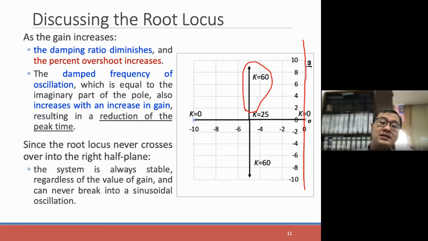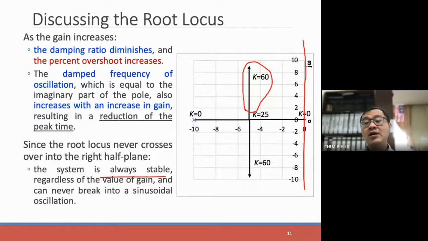So in this case we can always say that the system will always be stable, regardless of how many Ks you are going to inject into the system. So this is how you can see the stability of the system.